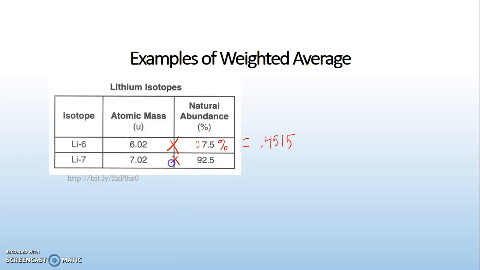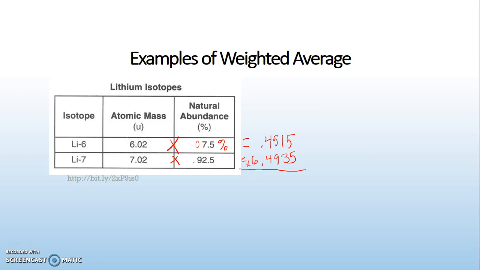I'm going to do the same thing with this one. I'm going to multiply 7.02 times 92.5%, or 0.925. So I'm doing this as we do it, 7.02 times 0.925. That equals 6.4935. Okay, what do we do now? We add those up.